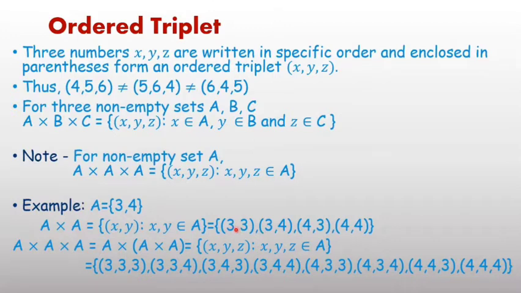So (3, 3, 3), where the first component is 3, then (3, 3, 4), (3, 4, 3), and (3, 4, 4). In this pattern, you will get A cross A cross A, with all elements written in this pattern.